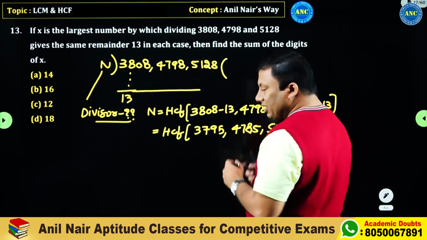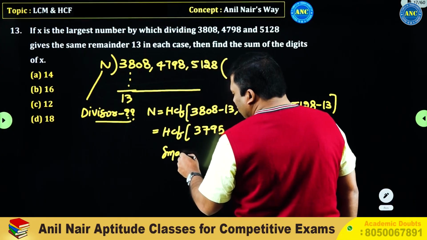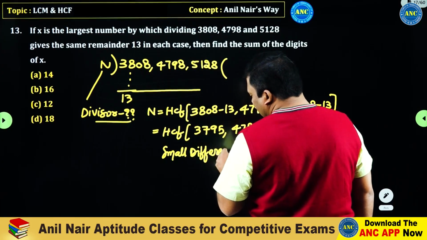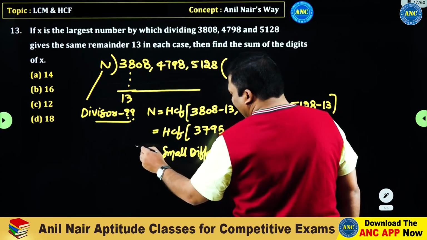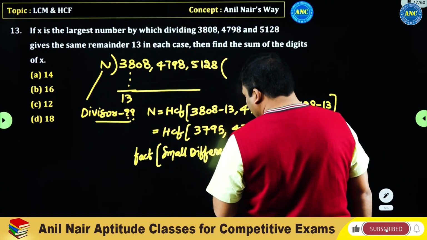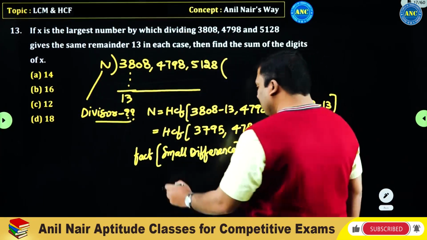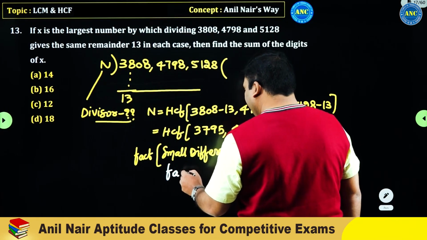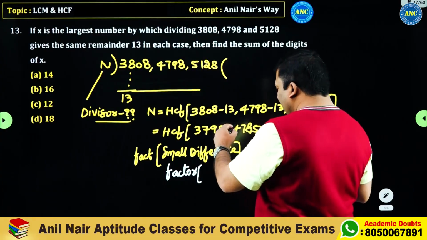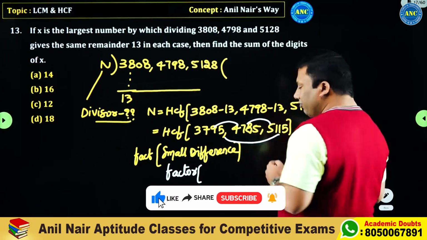Whenever these big numbers are there, we can determine by using the concept of the factor of the smallest difference. The answer will be a factor of the smallest difference between the numbers. The differences are around 1000, around 1400, around 400.